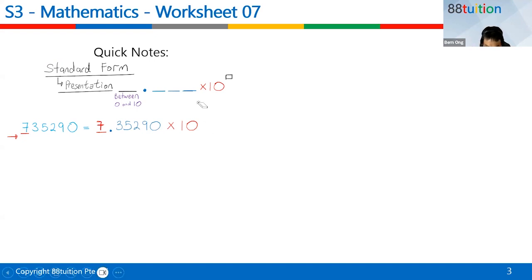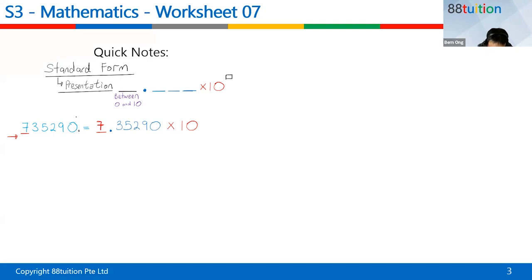As you can see, from this number, the decimal point is actually at the back. So you're moving the decimal point to between 7 and 3. How many times? 1 time, 2 times, 3 times, 4 times, 5 times. You're moving it 5 times.